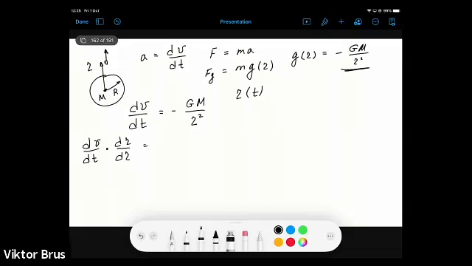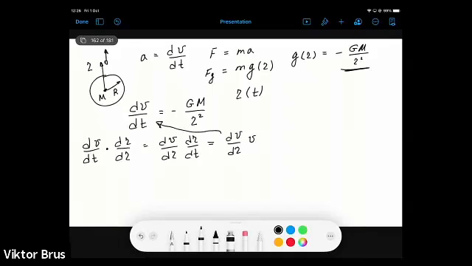Any ideas? Maybe dr divided by dt will be equal to v. Yeah, so we can write dv over dr, and here will be dr over dt. And that, you are right, will be dv over dr times v. Okay, now you see that we don't have time anymore in this case, and we can substitute it here instead of dv over dt.